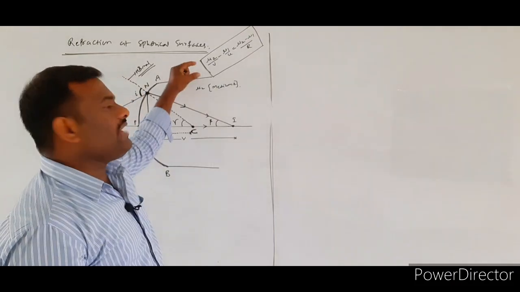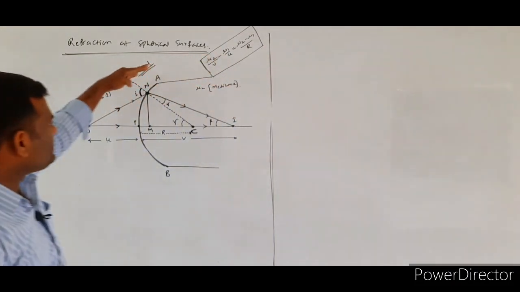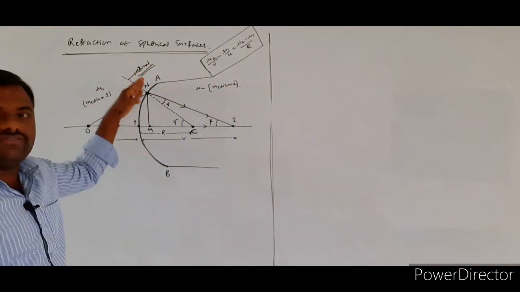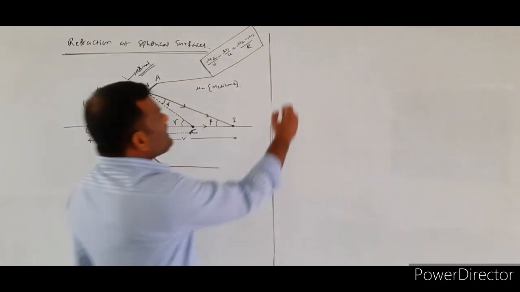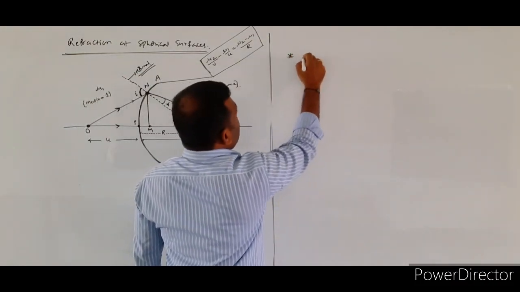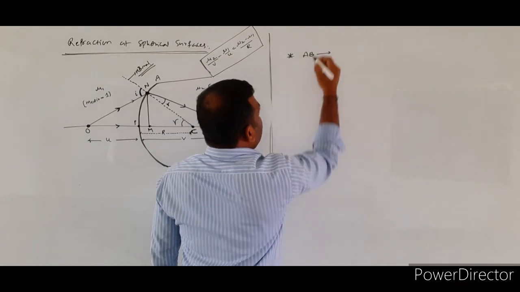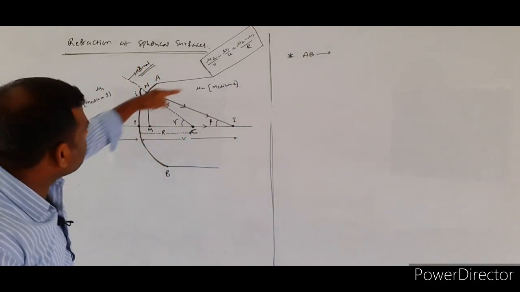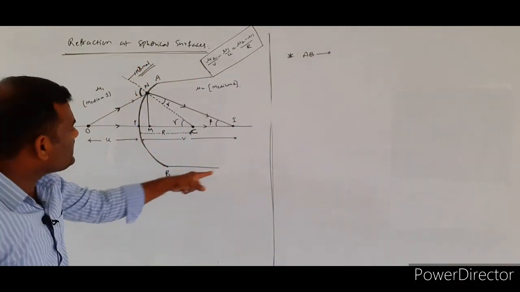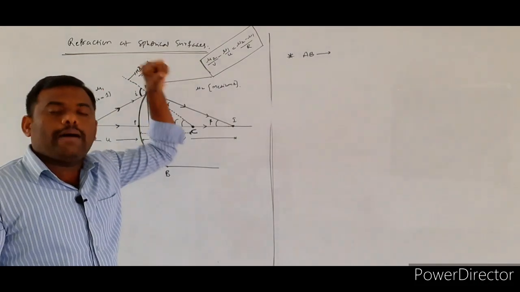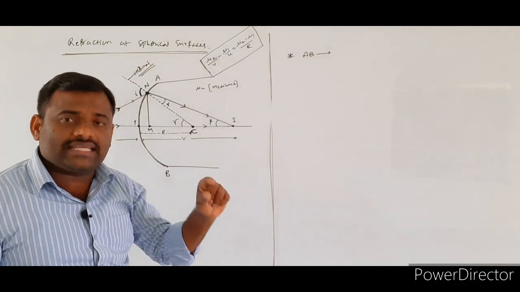To derive this equation, we consider such a diagram. In the given diagram, AB indicates a part of the spherical refracting surface.